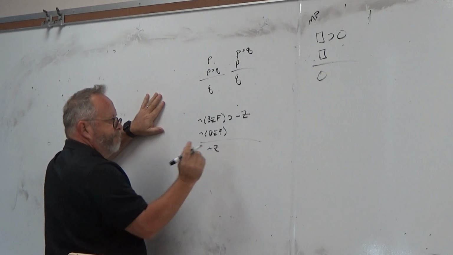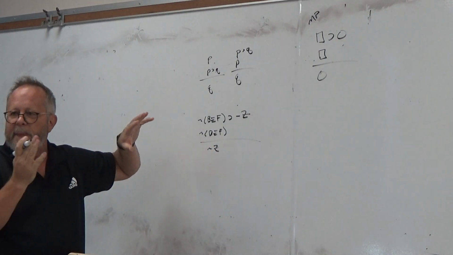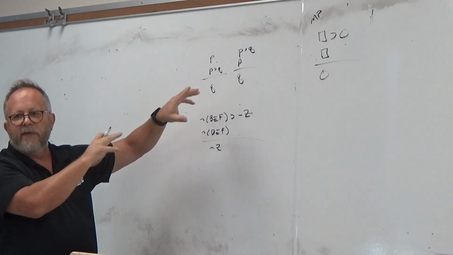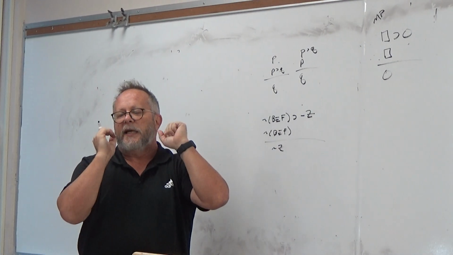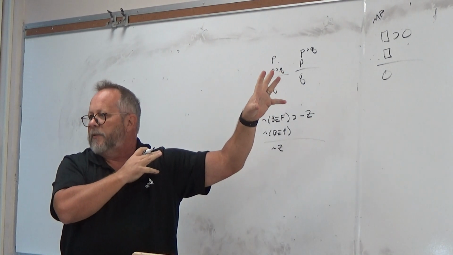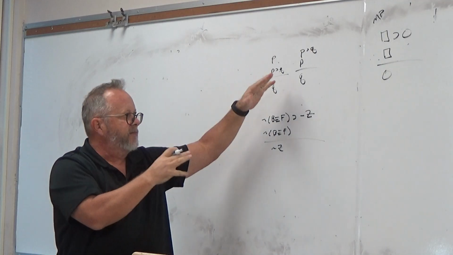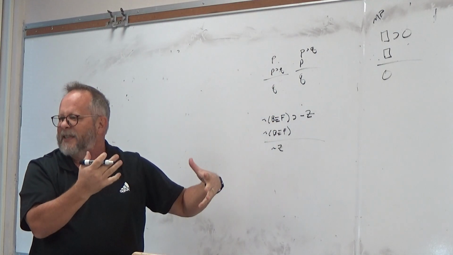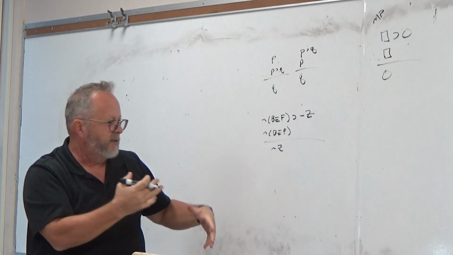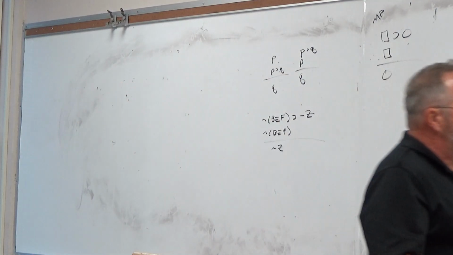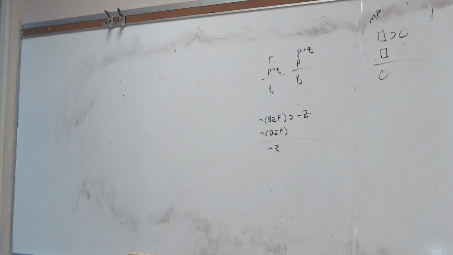Not Z. So this generality applies to all the rules that I'm about to give you, because I don't want to have to go through this on every one, because that'll take a bunch of time. Everybody got that? Okay, so that's modus ponens.